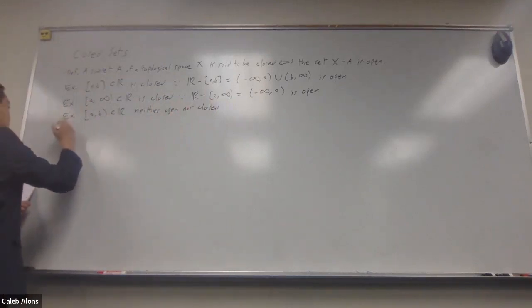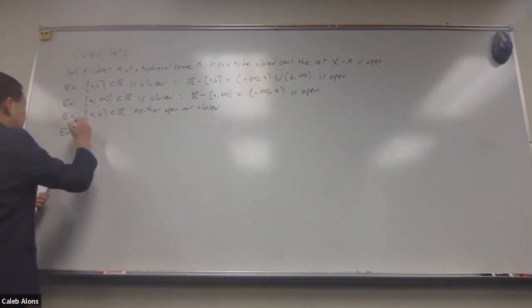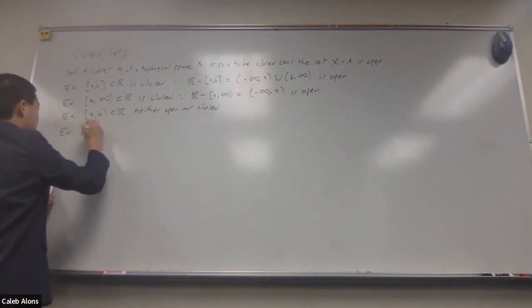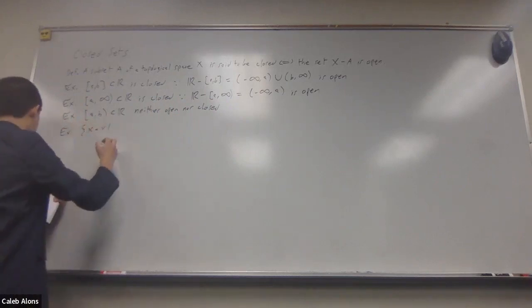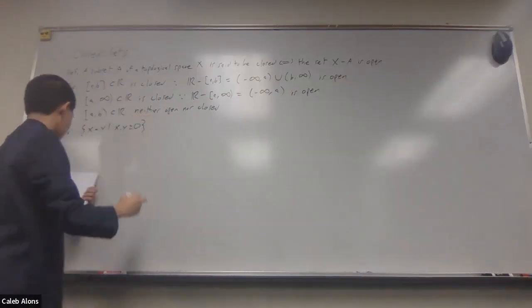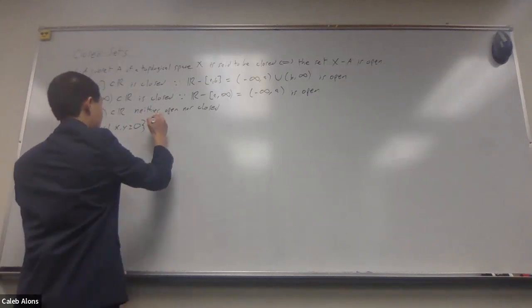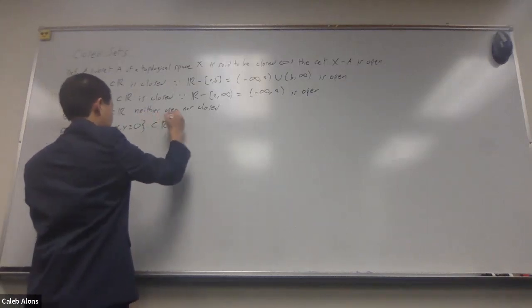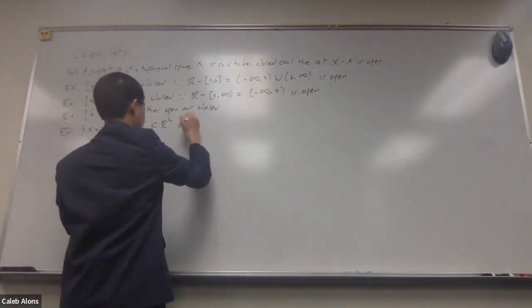And we can extend this to R2 as well. If I took a product X cross Y with non-negative x and y, this as a subset of R2 is also closed.